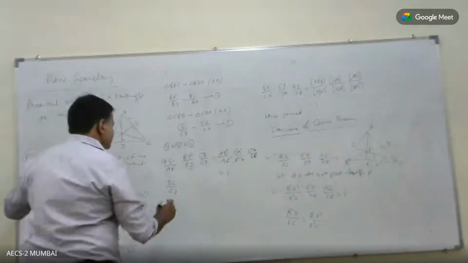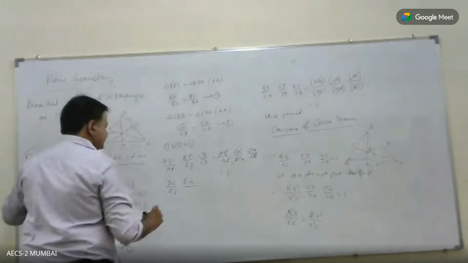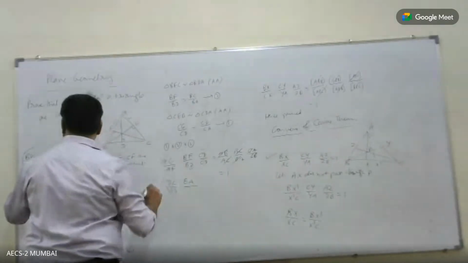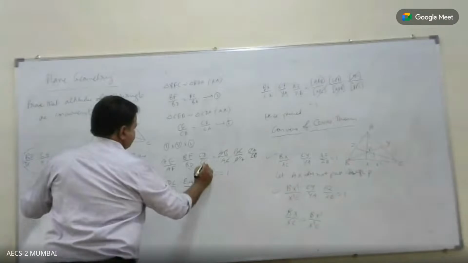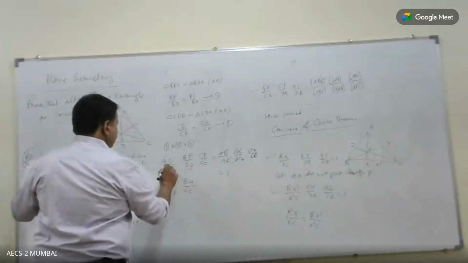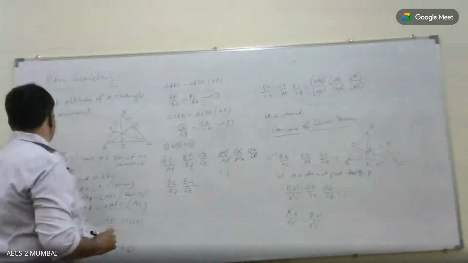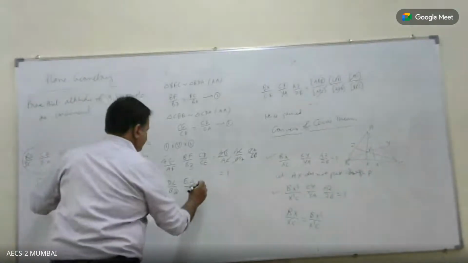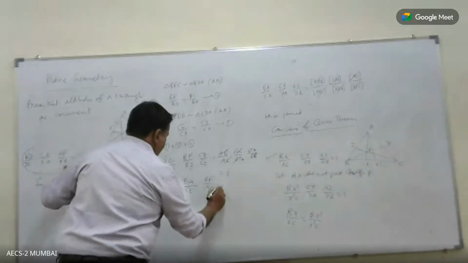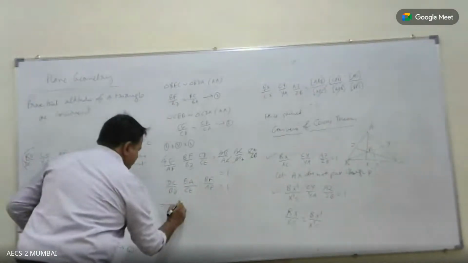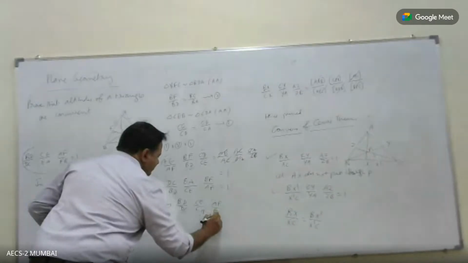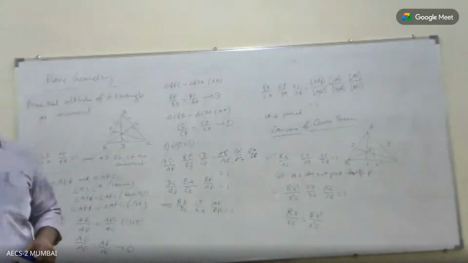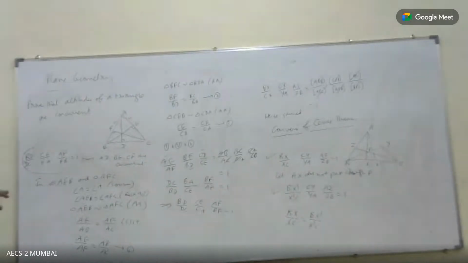Next, EA by CE. I took these two terms. Next, AF by FB. Just reverse this: DB by DC, CA by AE, AF by BA. So this ratio we are getting equal to 1.